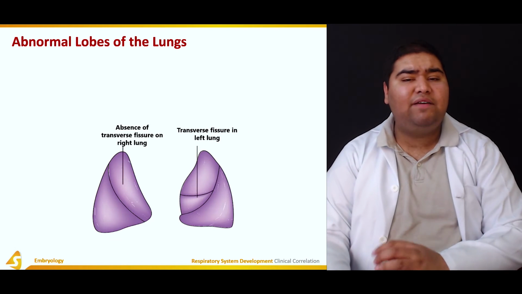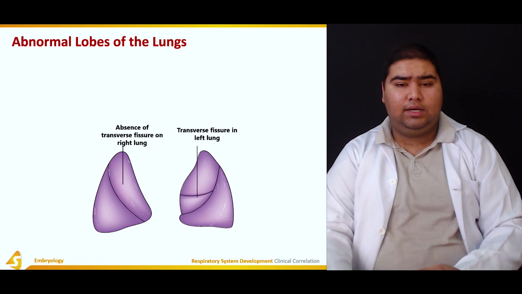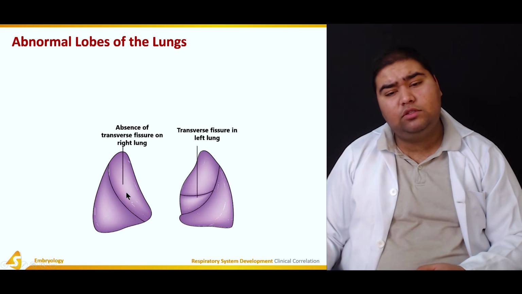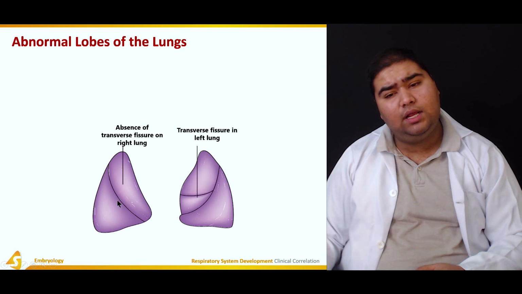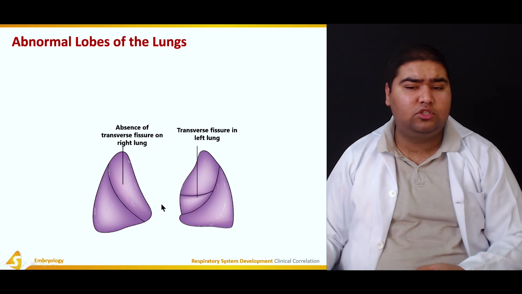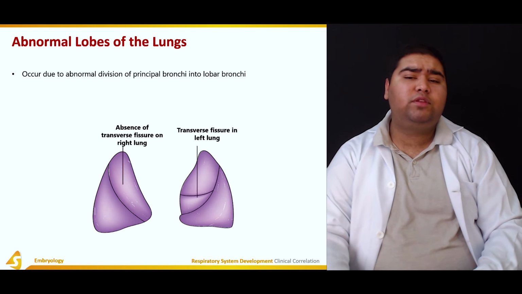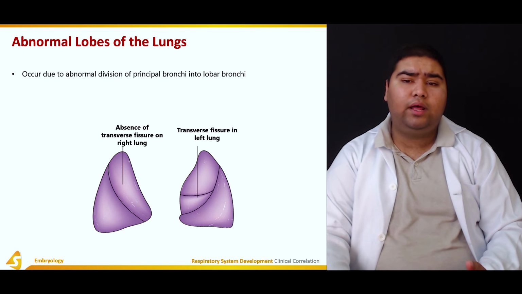Moving on, we have the abnormal lobes of the lungs. So in the figure, you can see the absence of the transverse fissure on the right lung, and this is the transverse fissure on the left lung, which is normal. They occur due to abnormal division of the principal bronchi into the lobar bronchi.